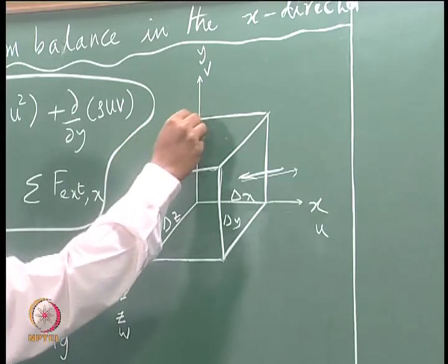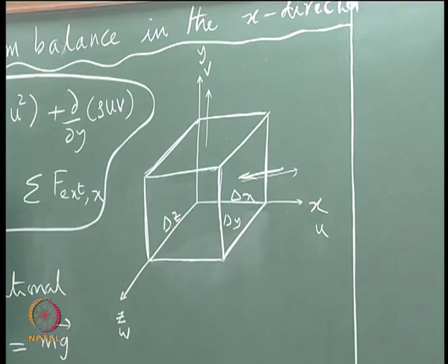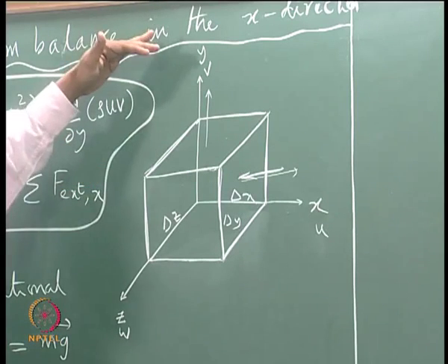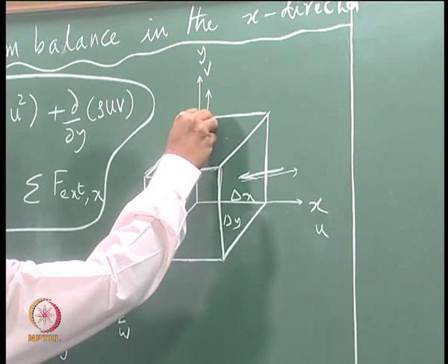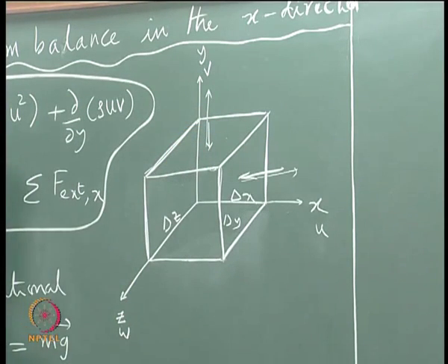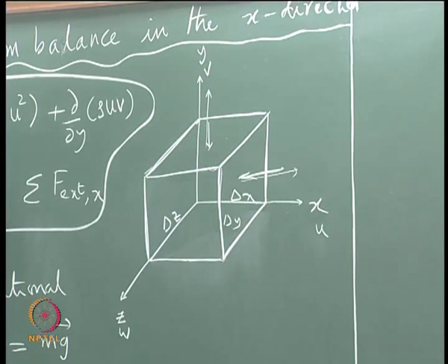If we consider this top surface, the outward normal vector is oriented in the positive y direction, and the fluid above it, external to the control volume, will be exerting a pressure acting downwards, a compressive stress on this particular plane. So the fluid external to the body will be exerting a pressure against each of the 6 planes, the 6 sides of this control volume, and that is what we mean by this pressure force.